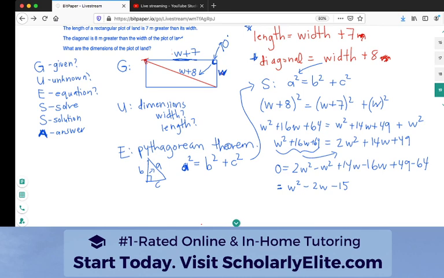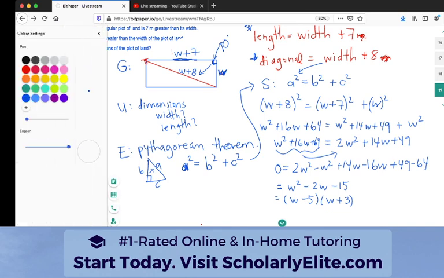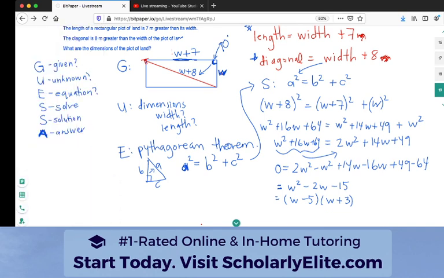So we're going to factor this bad boy, and we're going to get W minus 5, W plus 3. And just like before, in order to solve for our x-intercepts, and in this case solve for what we're actually looking for, we need to make these equal to 0. So we're going to go ahead and do that in a different color. Let's say this cute little pinkish red. So let's make these equal to 0.